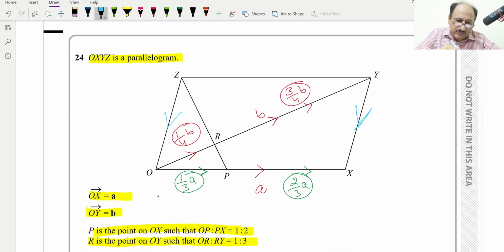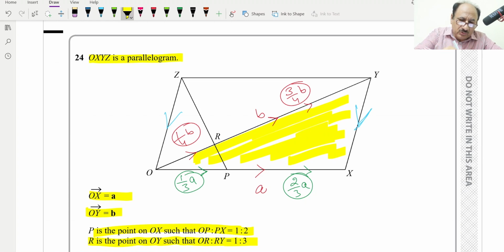So in this triangle, basically this whole triangle, we can find YX. So YX is equal to minus B plus A, or A minus B. This will be YX, and OZ will be equal to the same thing, which is A minus B.